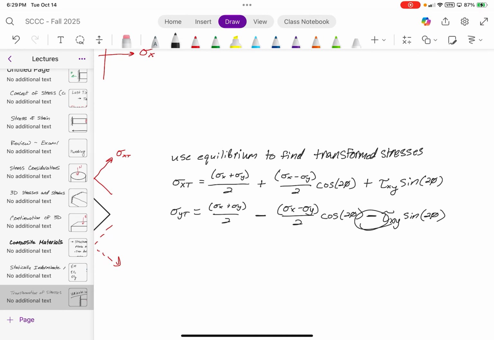If you guys didn't notice, that should be a minus sign too, in case you guys wrote that incorrectly. Just raise your hand when you're ready to proceed. I want to make sure that everyone has the equations written.